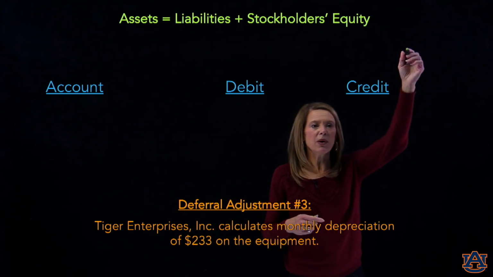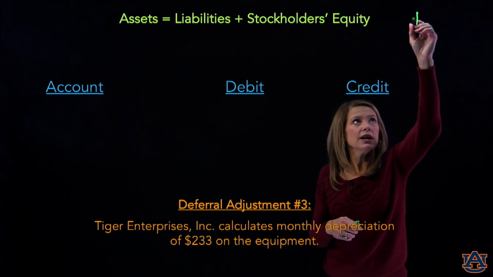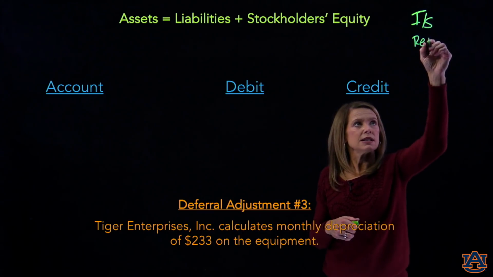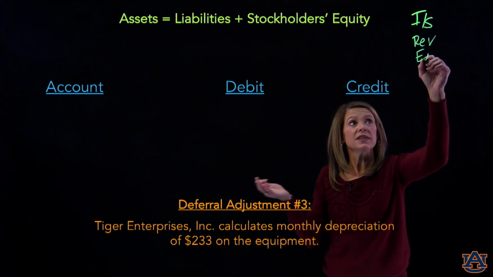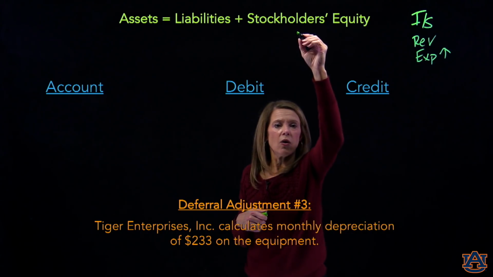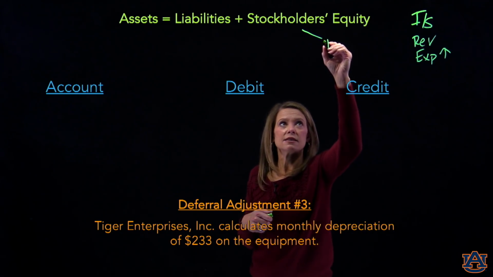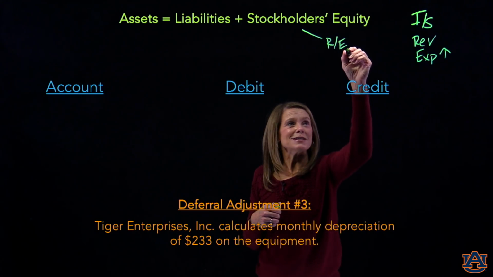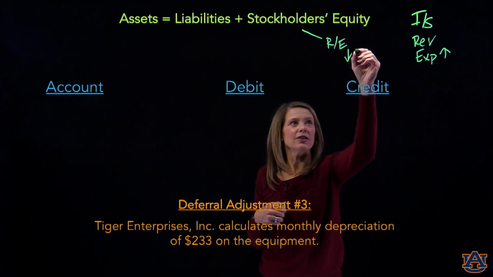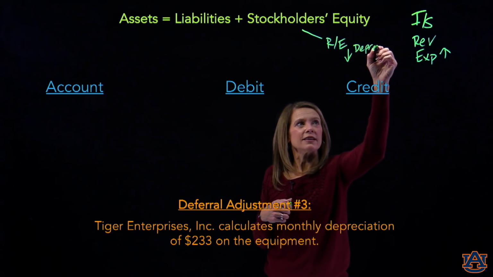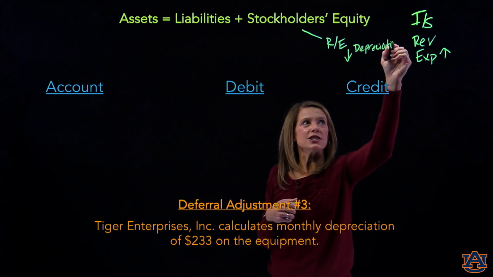So let's look at part of the impact on the basic accounting equation. We know that anytime we have a revenue or expense, something's going to be going on. This is an expense going up. And always, this is very consistent about accounting, when you have an expense, it's going to make retained earnings go down. And the type of expense, I'm going to just write that in, would be depreciation expense.